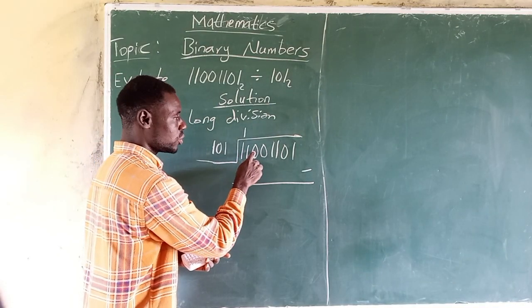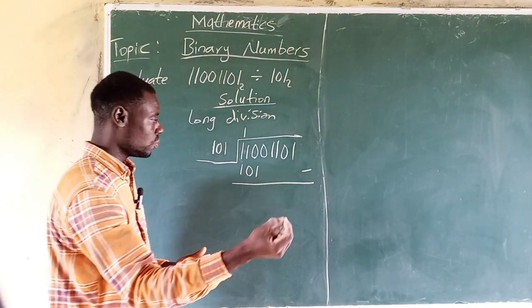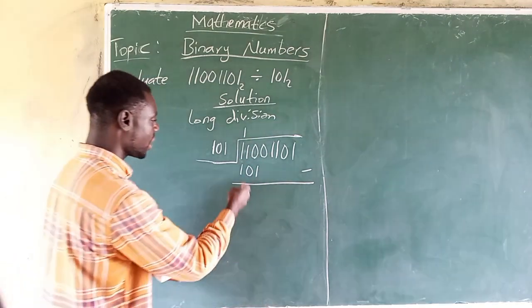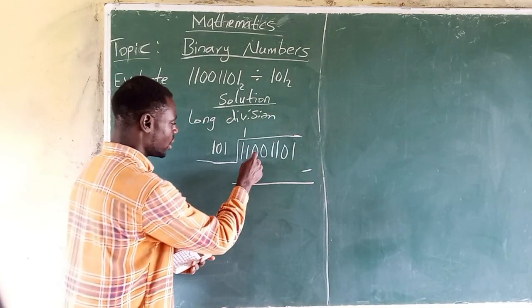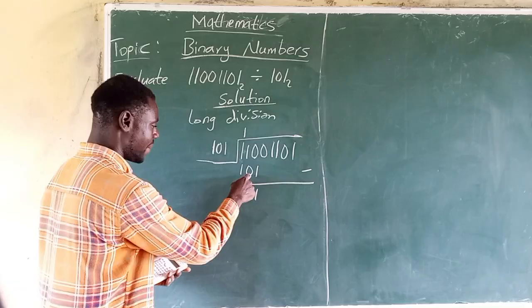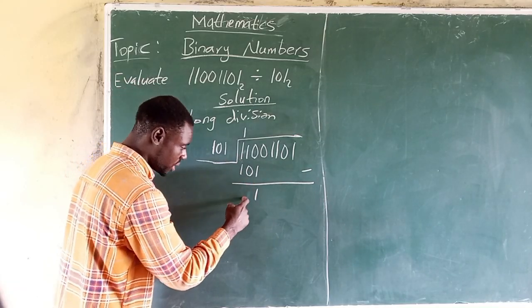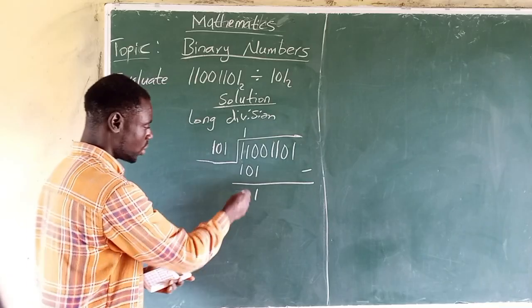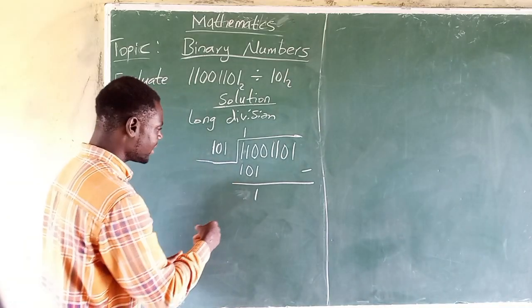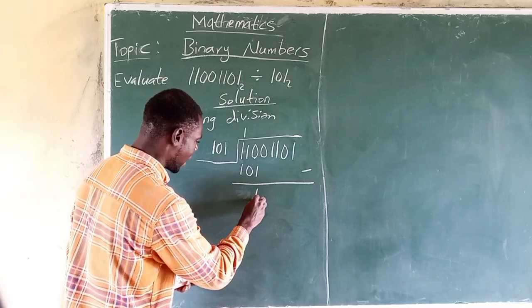So this 2 plus this 0 gives you 2. 2 minus 1 gives you 1. Automatically 0 minus 0 is 0, you don't need to write it. 1 minus 1 is still 0, no need to write the 0. Just keep this 1.